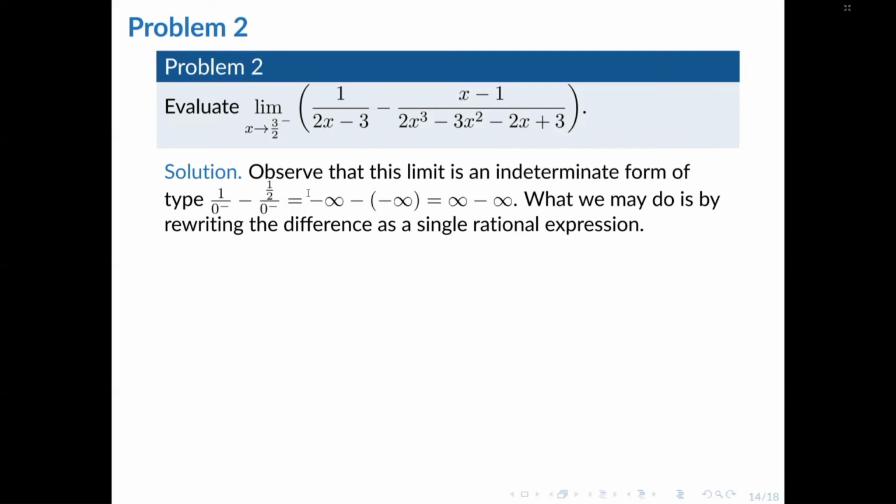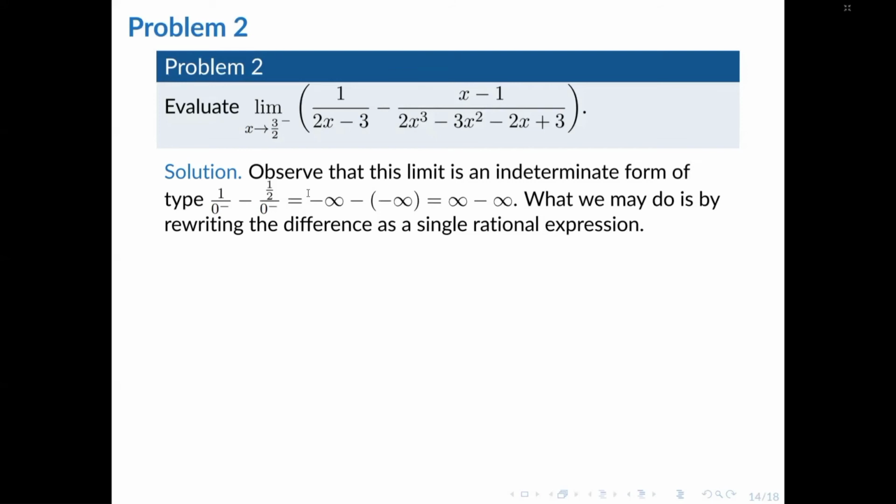So you would get an indeterminate form of the type 1 all over 0 from the left minus 1 half all over 0 from the left, which is equal to negative infinity minus quantity negative infinity, which is positive infinity minus infinity. So positive infinity minus positive infinity is not equal to 0. So that is an indeterminate form.